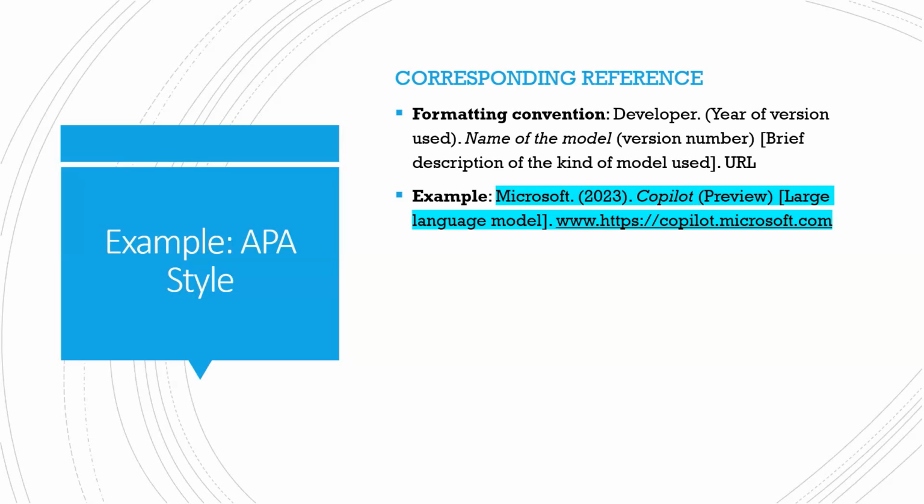Sometimes they describe it as multimodal language model. That would also work, but you can use either of those. And then the URL, and you want to use the most direct URL that you can so that people can easily access the tool. So this would appear in your reference list.